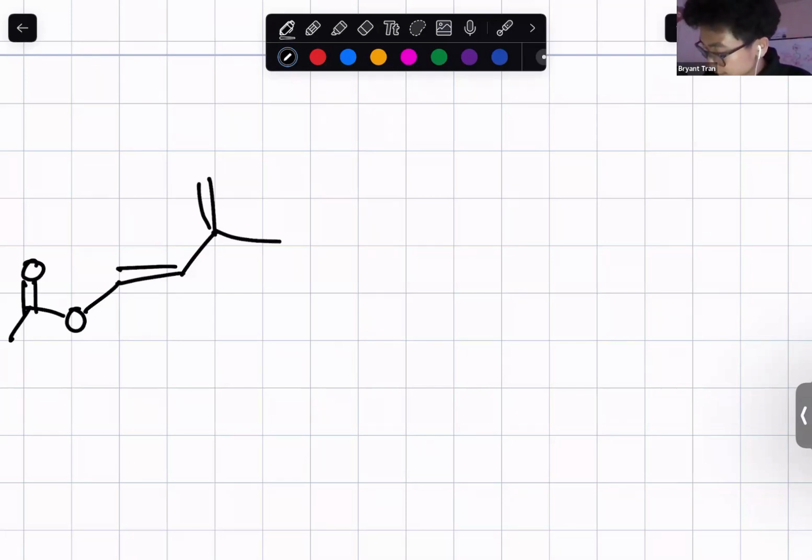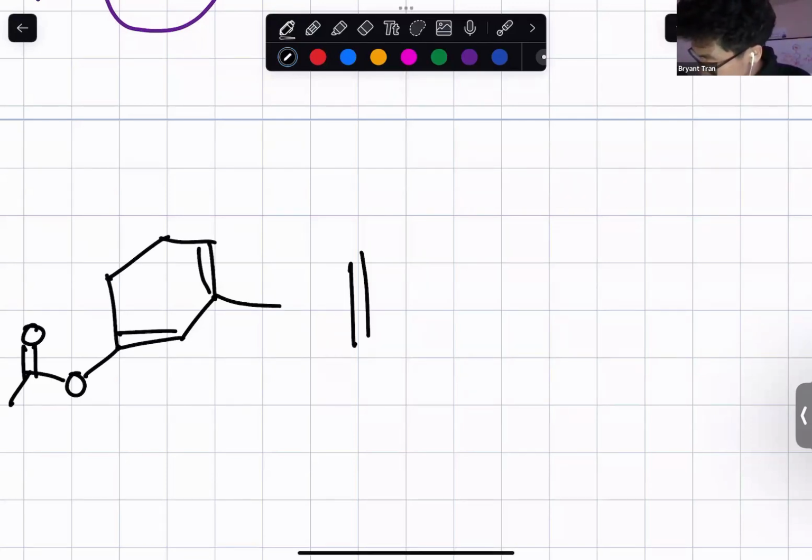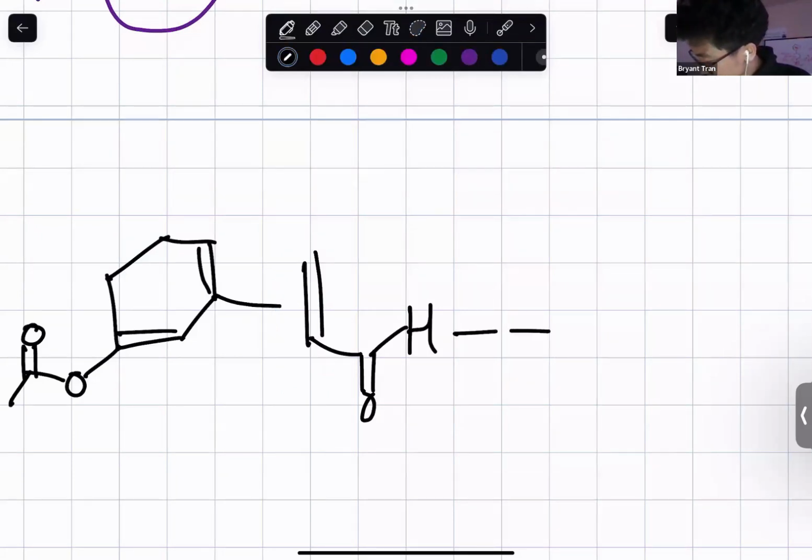Reacting with, let's say, this structure right here. And let's react this with heat.